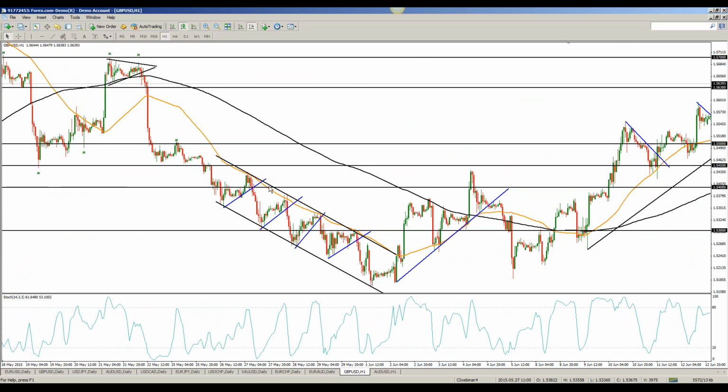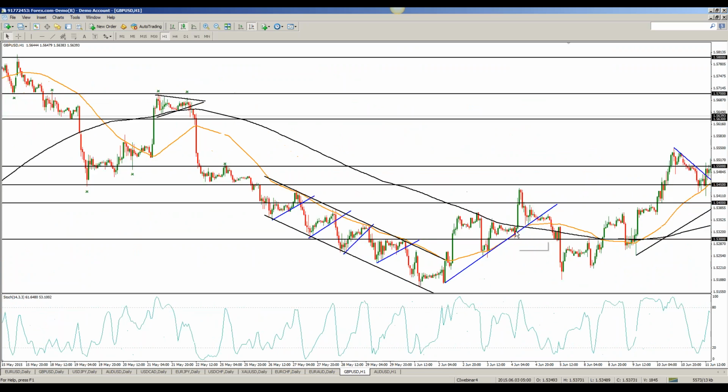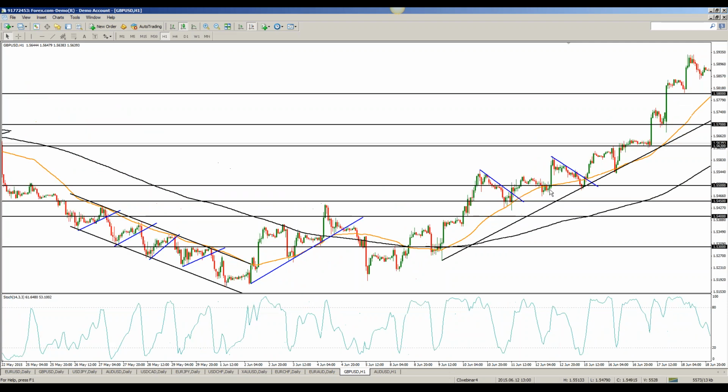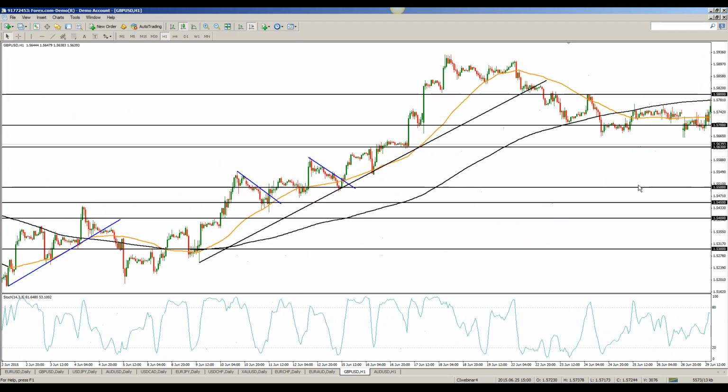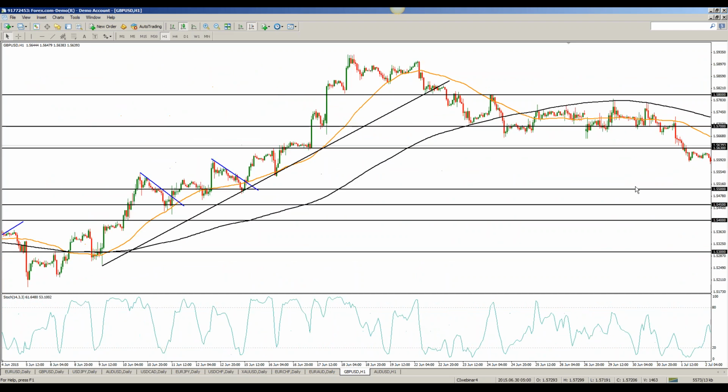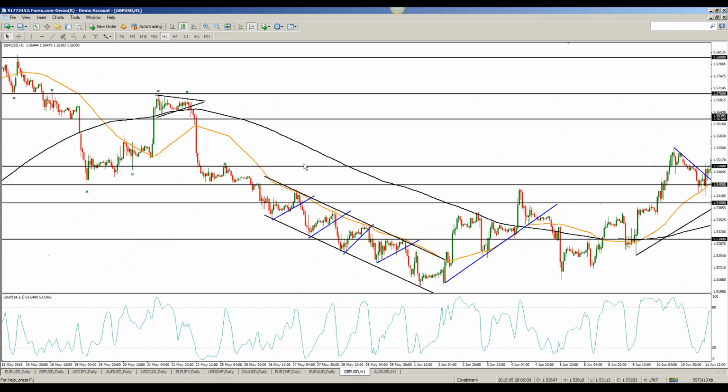If you take a look here, we've got this following resistance, and then when we got a breakout above that, this sort of acted as support, and then we break down below there, and then nothing really happened here, but then break out to the upside, and then sort of support here as well. Oftentimes, especially during trends, we'll have the 50-day moving average acting as support or resistance and helping the trade along.